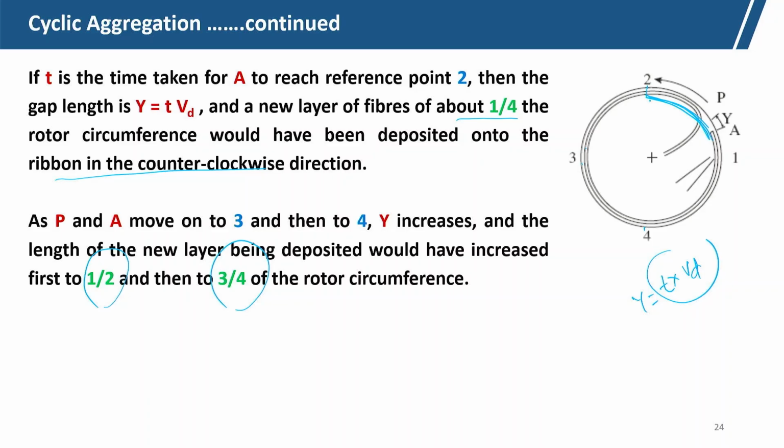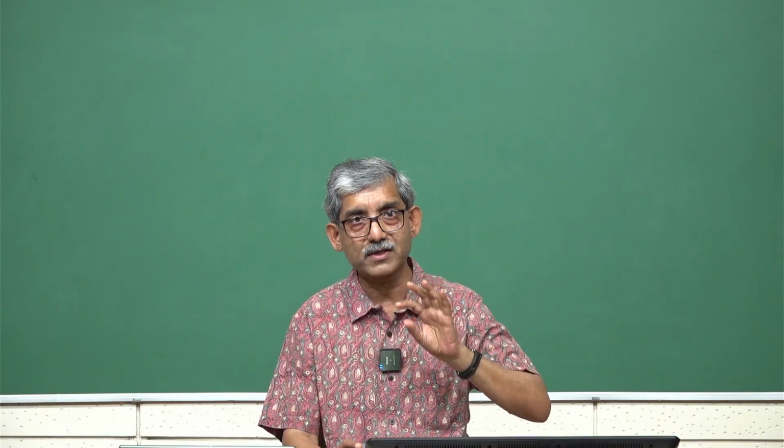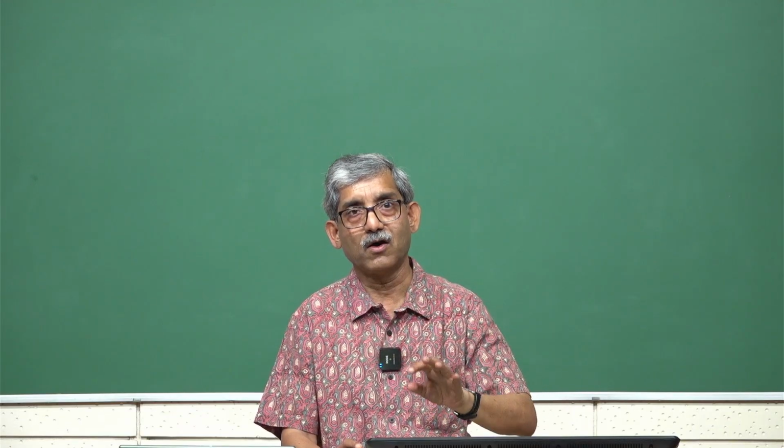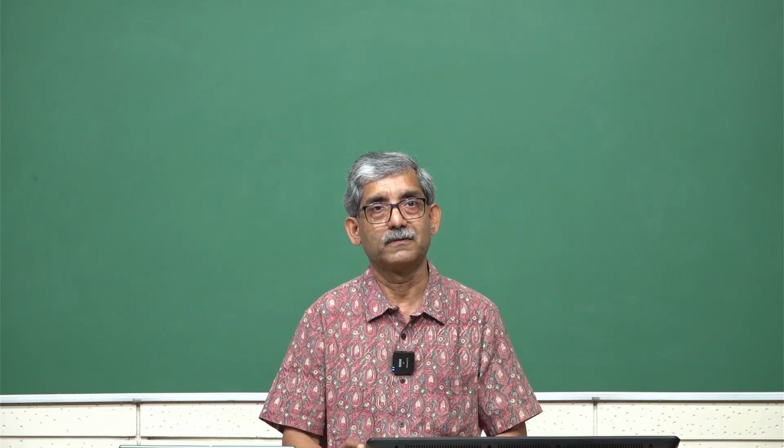So, if it is moving at 3, then half of the rotor circumference, and if it is moving to 4th, then 3/4 of the rotor circumference. So, new layer will be depositing. We are talking about only the first rotation of the rotor.